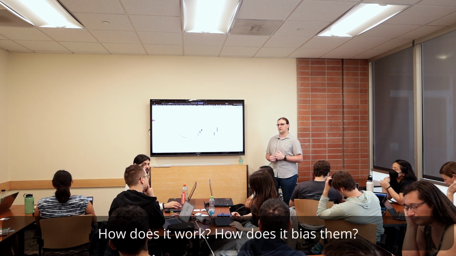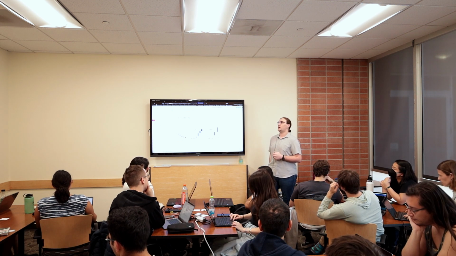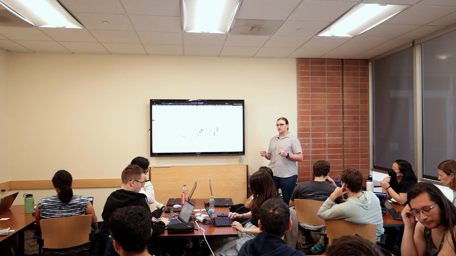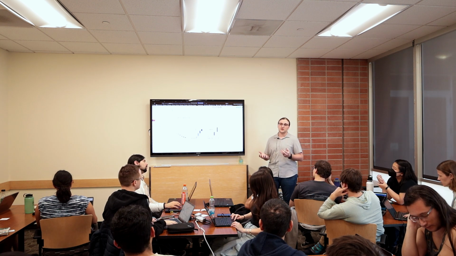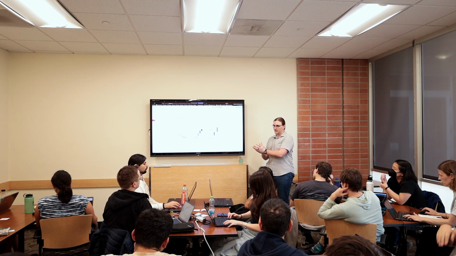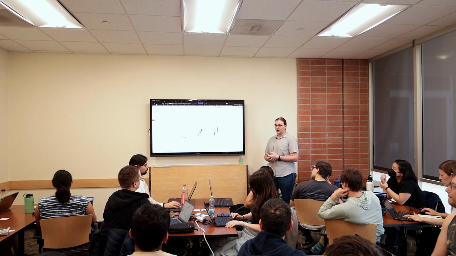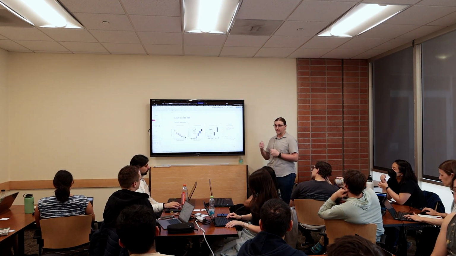How does it work? How does it bias them? Well, the model was fine-tuned. They have a vanilla version of RFdiffusion, then they took that and trained it with some extra information. In this case, they gave it specific epitope information about which residues it should be binding towards.